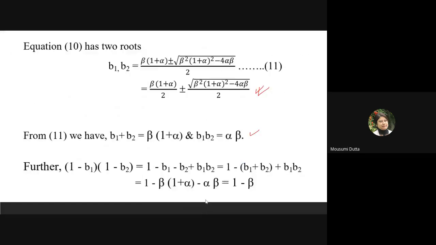Discriminant means the matter which we have inside the root. Now, what is discriminant? A matter which we have inside the root. You know all these things? Yes, ma'am.